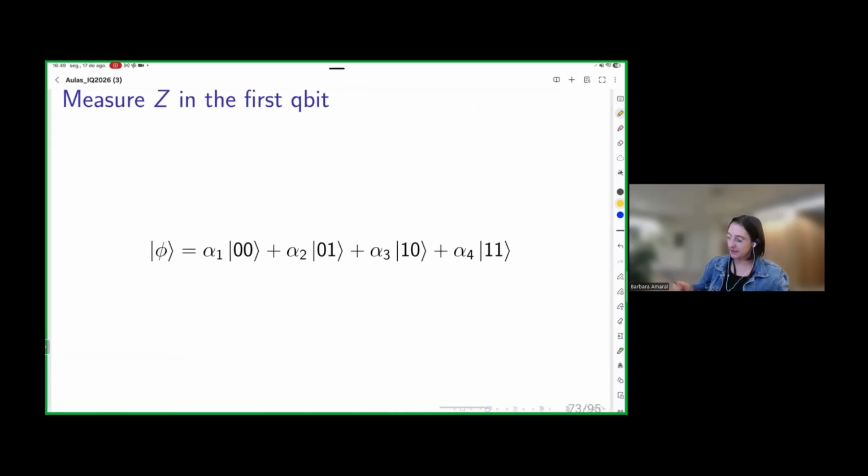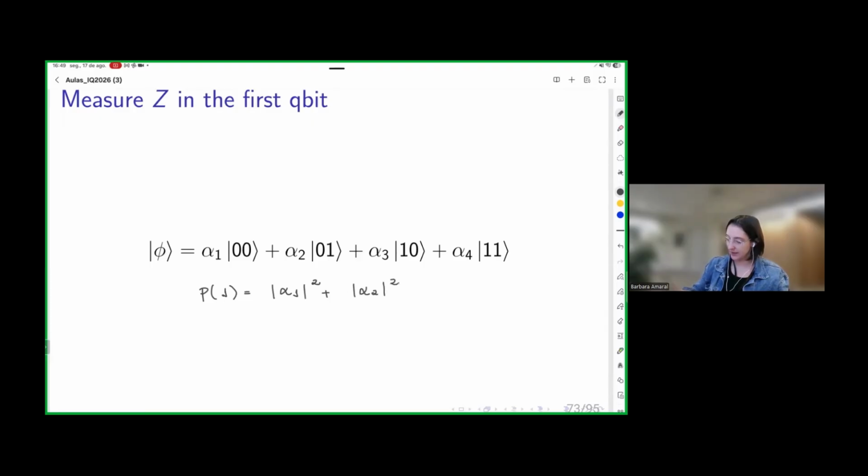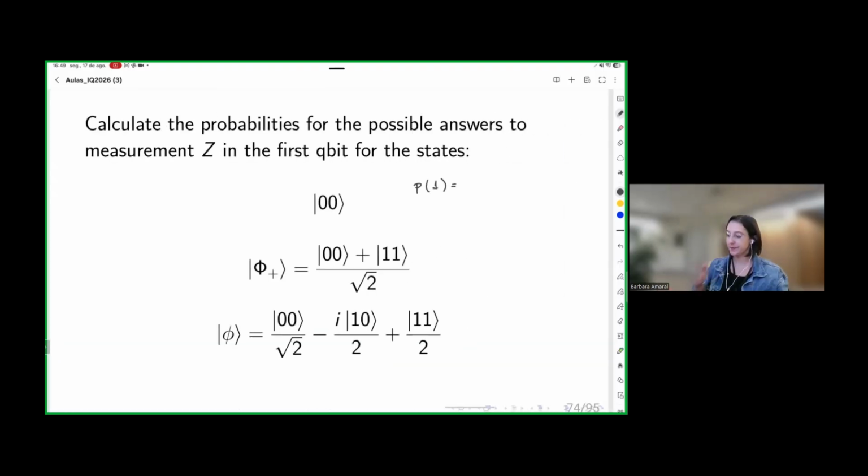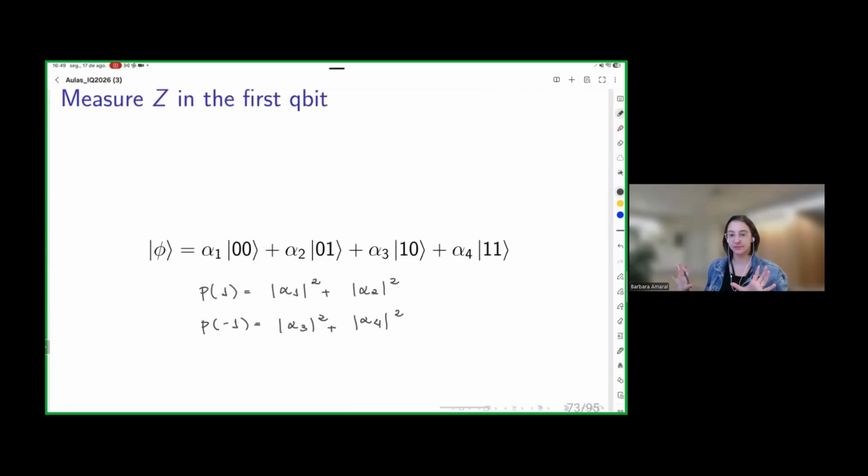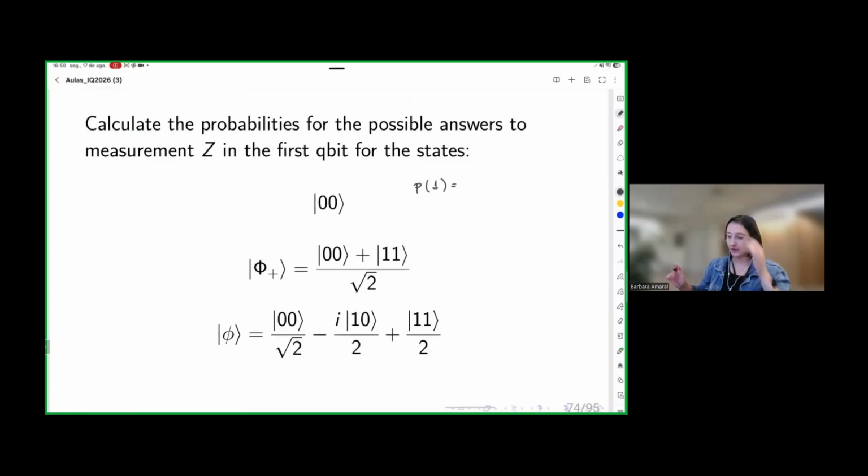So now the probability for outcome 1 will be alpha 1 squared plus alpha 2 squared, and the probability of minus 1 will be alpha 3 squared plus alpha 4 squared. Okay? Questions? Remembering that now I have degeneracy, that's why I have fewer outcomes than the dimension of the system.